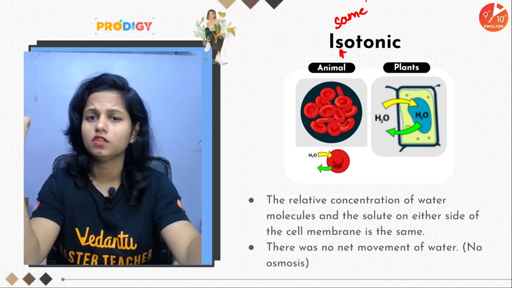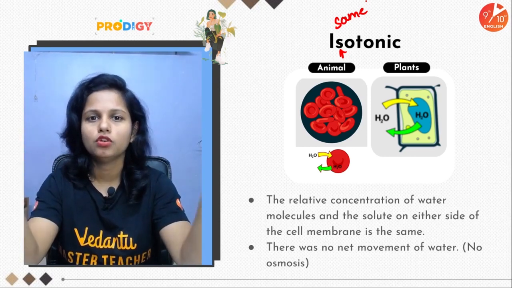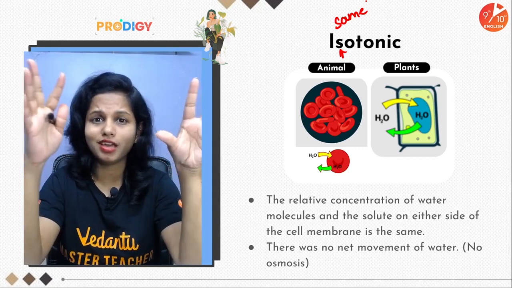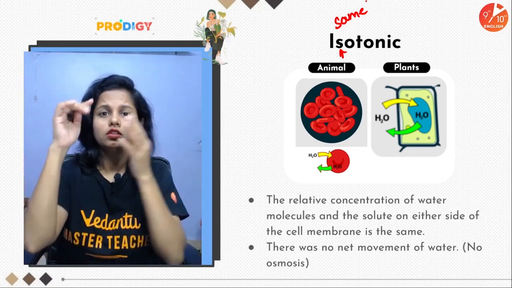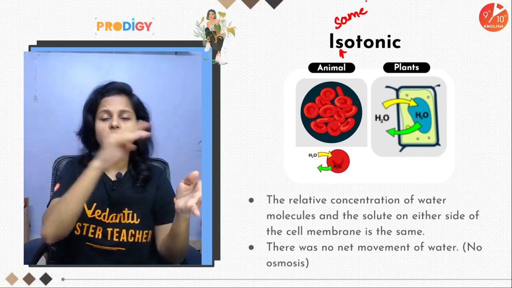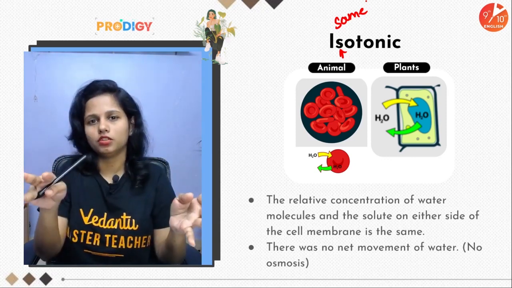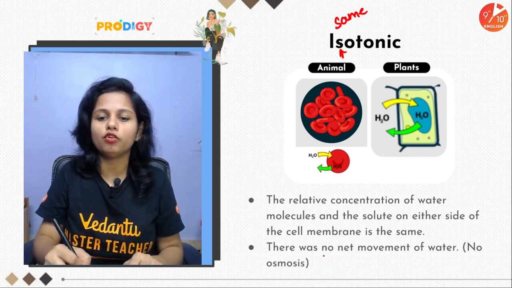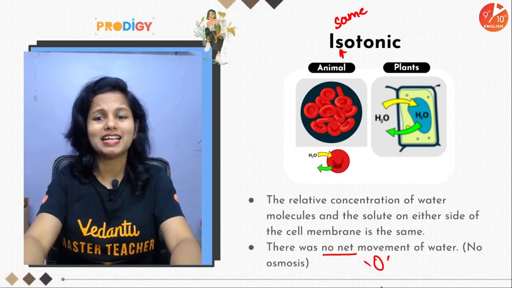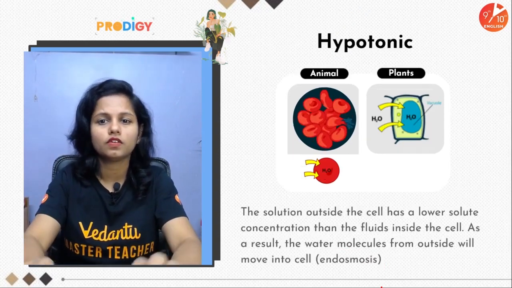Even if we exchange, that's not going to create any difference. Same way, if the solute concentration is the same in the cell and the surroundings, the volume of water that leaves the cell will be equivalent to the water that enters the cell. Therefore, the net movement of water will be 0, and the cell remains as it is.